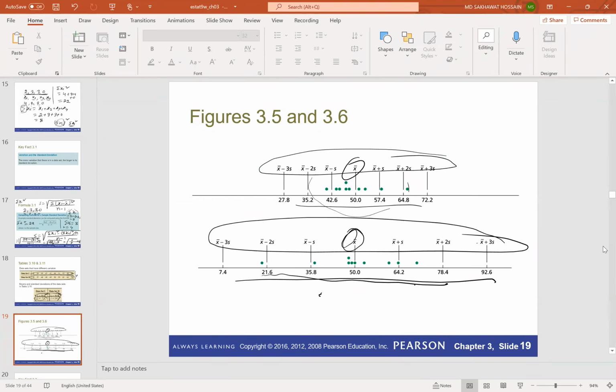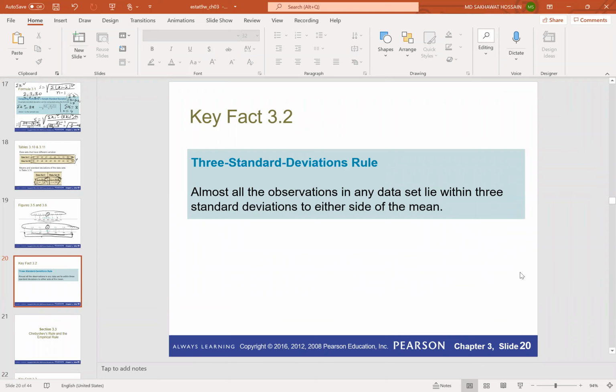But for most cases, most of the observations will be within 3 standard deviations. Okay, so the 3 standard deviations rule: almost all the observations in any data set lie within 3 standard deviations to either side of the mean. So if you take 3 standard deviations to either side of the mean, almost all the observations will be between those two numbers.